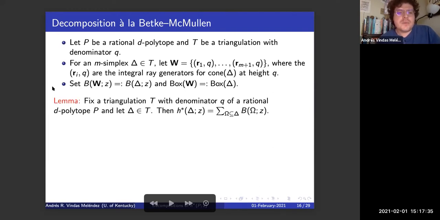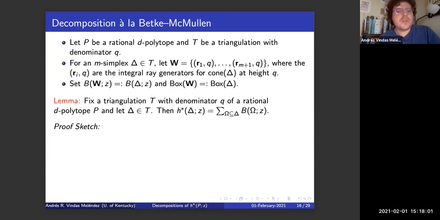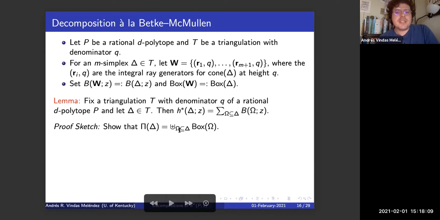Okay, so here's a little lemma. So if we fix a triangulation with a denominator Q of a rational polytope, then the H star polynomial of a simplex is the sum of the box polynomials of all simplices in the simplex. Okay, so let me present to you a little proof sketch. So first we show that the fundamental parallelepiped of a simplex is actually just a disjoint union of the boxes of these simplices.